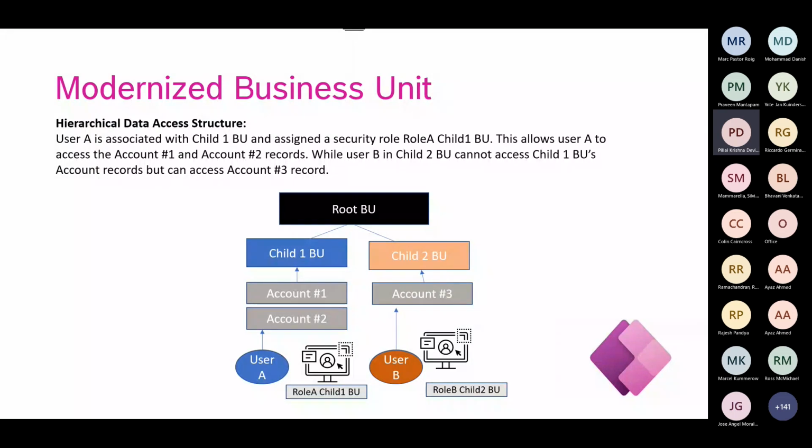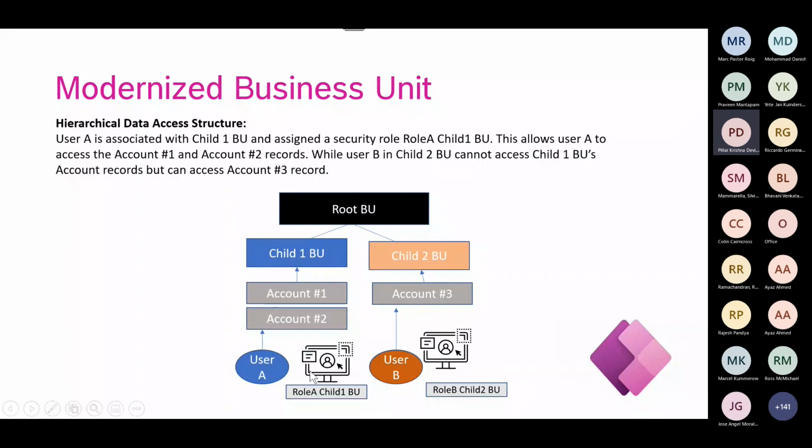So we all know that when I have a business unit and when I have a user created against that business unit, and he has the security role assigned, which is at the BU level, he can access all the data that is available against this BU based on the type of security role. Say I have read permissions for assign, which is enabled for all entities in this role A child 1 BU.